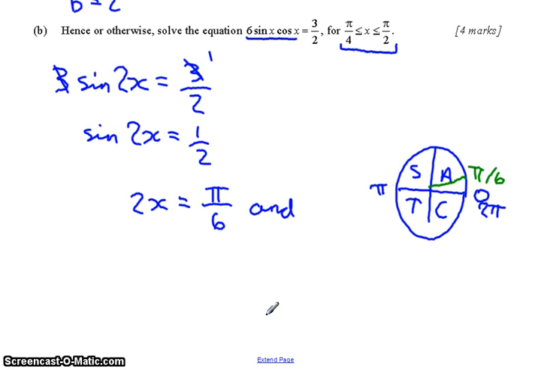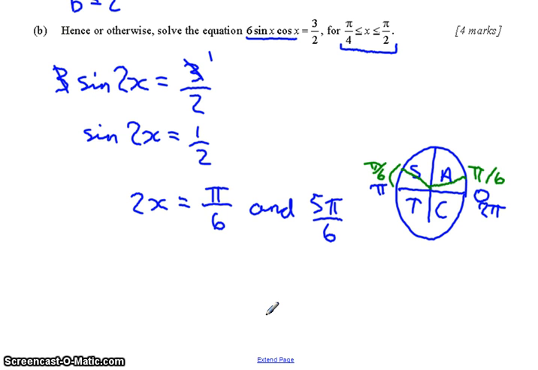The other value of sine, which is going to give us the same result, is over here. This will be pi minus pi on 6, which means the other value for 2x is going to be 5 pi on 6.